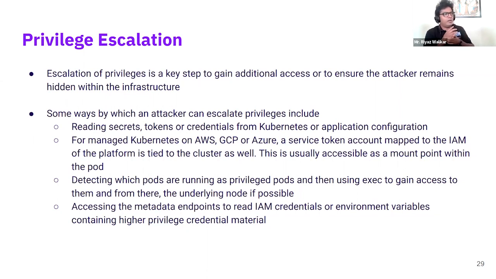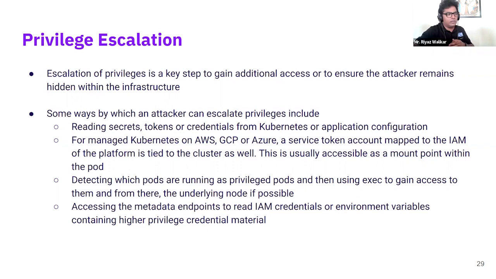For managed Kubernetes on AWS, GCP, or Azure, or even the way E2E Networks have their Kubernetes service, a service account token mapped to the IAM of the platform is tied to the cluster as well. This is usually accessible as a mount point within the pod, the service account token file path that you saw earlier. Another way is detecting which pods are running as privileged pods and then using exec to gain access to those pods, and from there moving on to the underlying node if possible by doing a Docker inspect or pod inspect with kubectl.